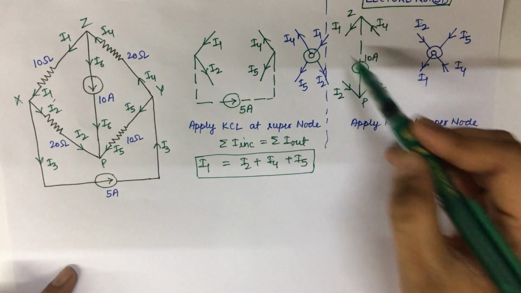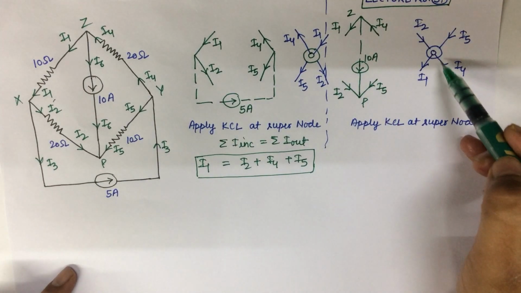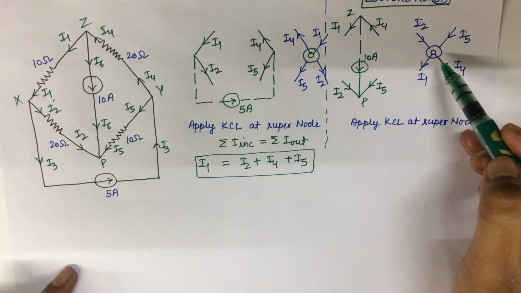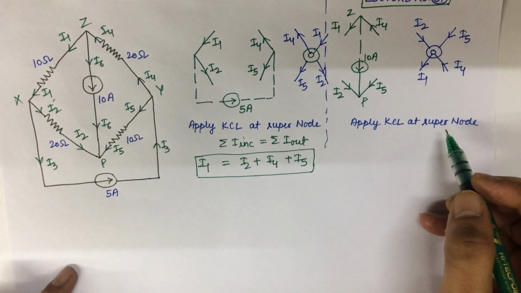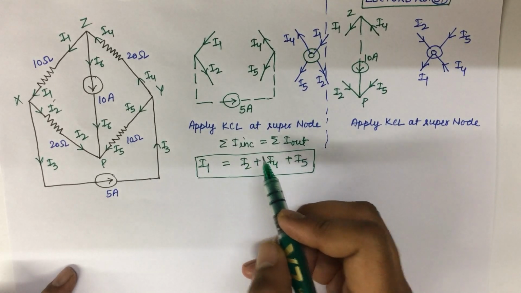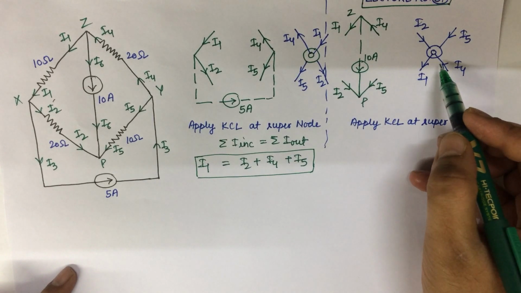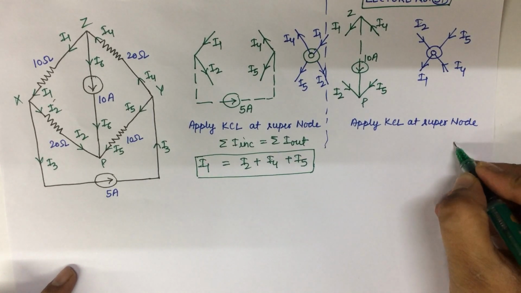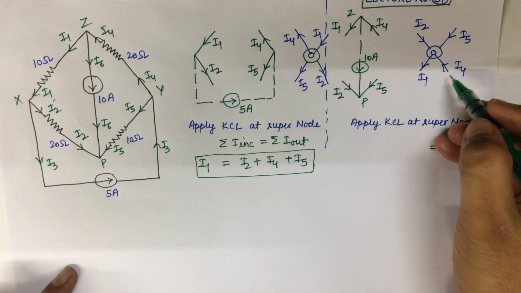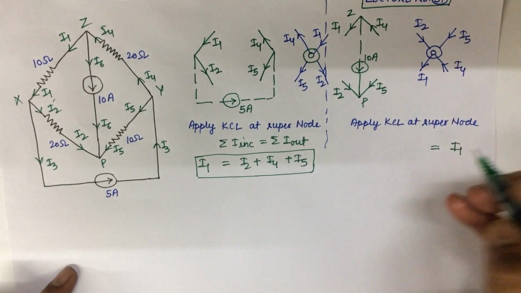Again apply KCL, meaning the summation of all incoming current is equal to all outgoing current. So the outgoing current is I1, and the incoming current is I4, I5, and I2.